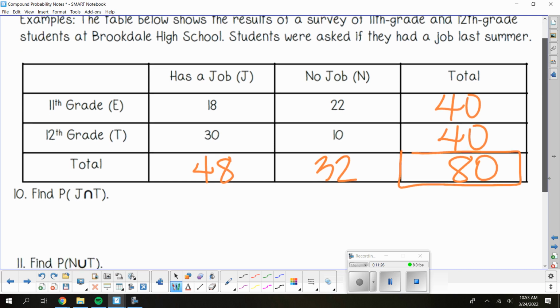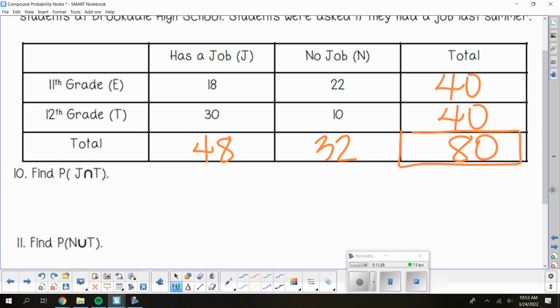In number 10, we want the probability of J and T. Well, J stands for job. So I want the probability they had a job and they are a 12th grader, because T stands for 12th grade.